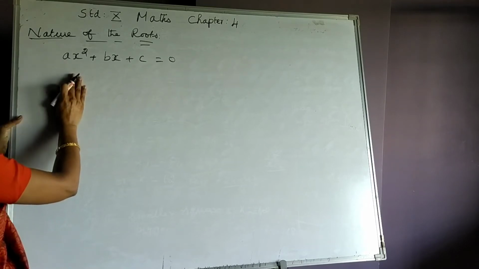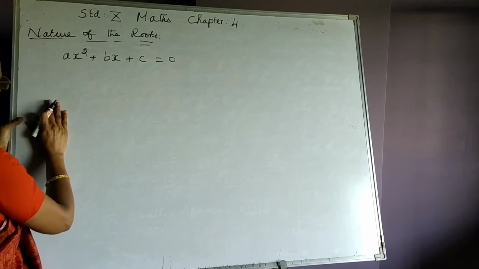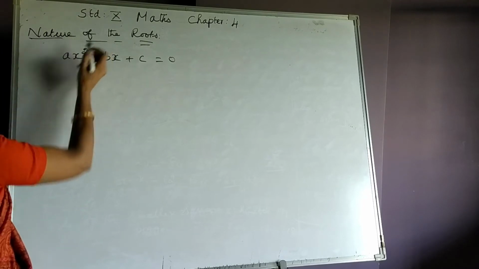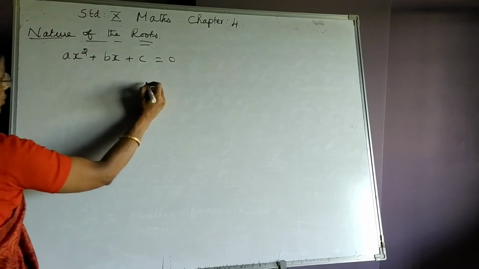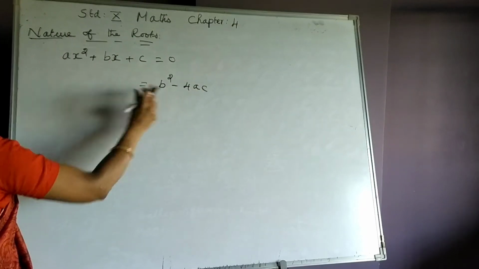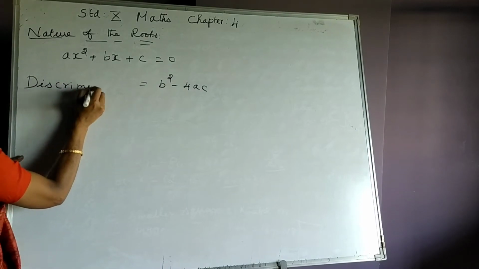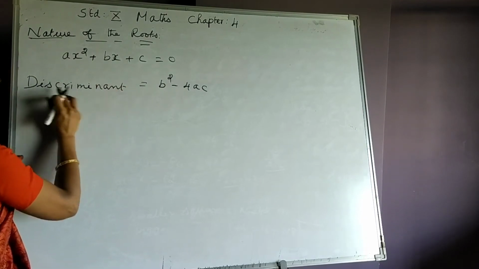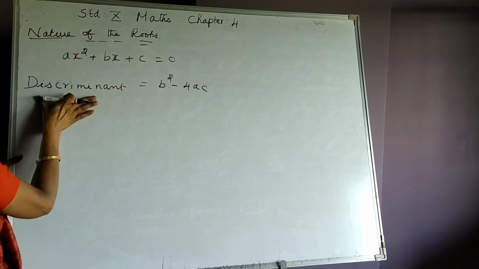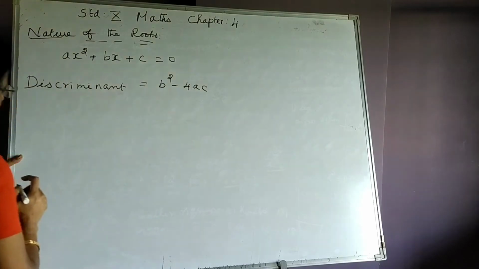Everything can be judged by calculating b square minus 4ac. So remember, to find the nature of the roots, first we have to calculate b square minus 4ac. This is called the discriminant.